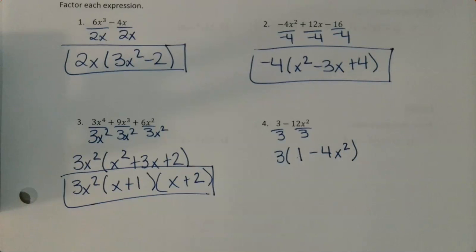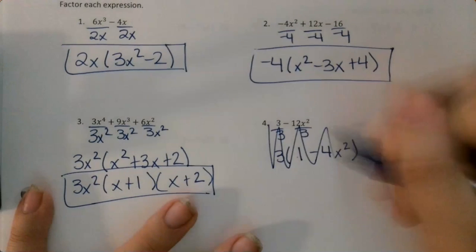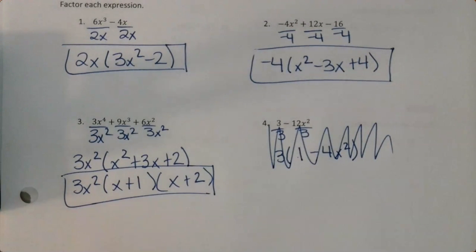Actually, let's skip number 4. I don't know why this is here, because it's like numbers 11 and 12. I don't know why I have it up here so early. So we'll skip number 4 completely.